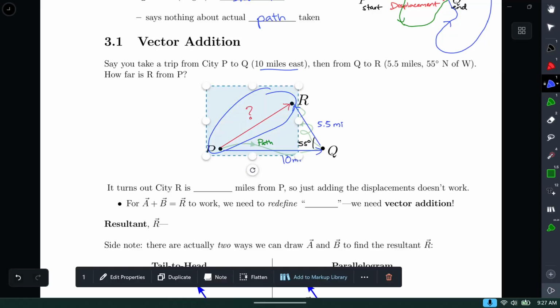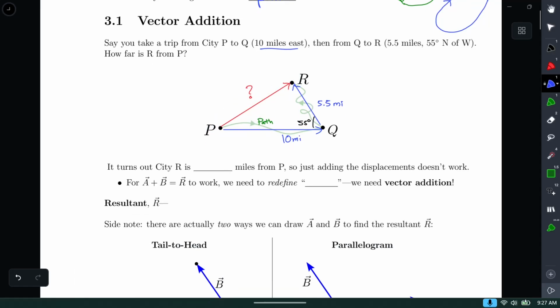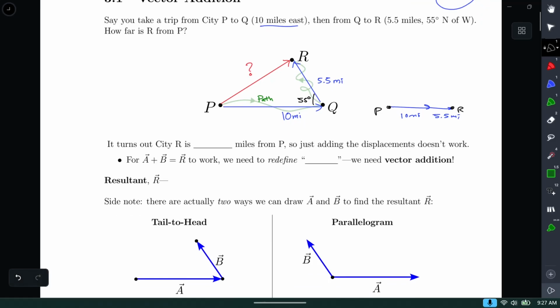We knew just fine if it was 1D. So for instance, if it was along a line of 10 miles and 5.5 miles, I know how far apart these two cities are. How far apart are they? 15.5. Yeah, that works great in 1D. And even if I had to backtrack, I went 10 miles.